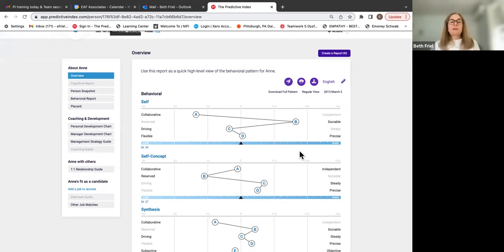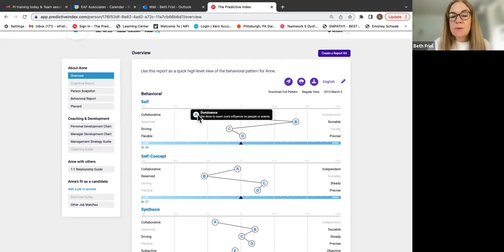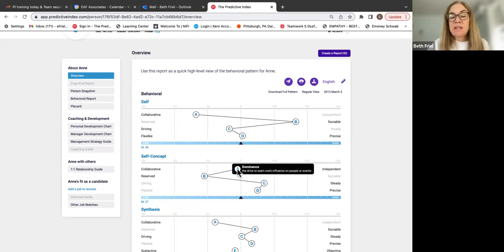So this person is highly social and very collaborative and wants harmony. Her biggest factor combination was B higher than A. But in her job, she felt like she had to be A higher than B, and the B goes way low. She goes from 39 to 27 because she's having to adapt her behavior so much.